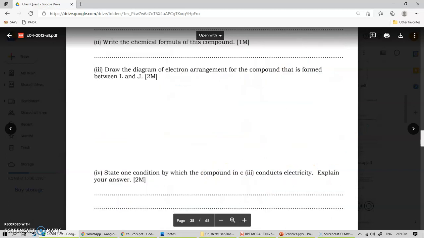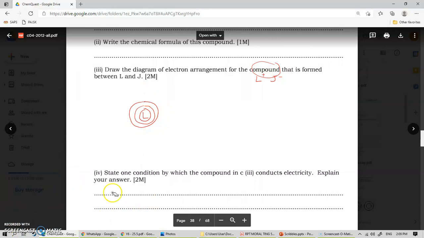Next question, we're going to draw the electron arrangement of the compound. So when L and J react with each other, you see L is 2, 8, 8, 1, so it will become 2, 8, 8.